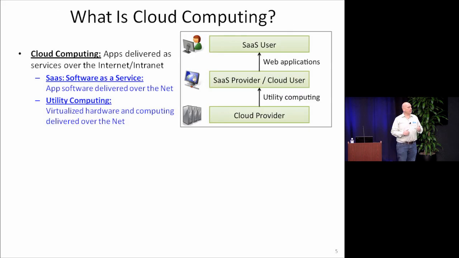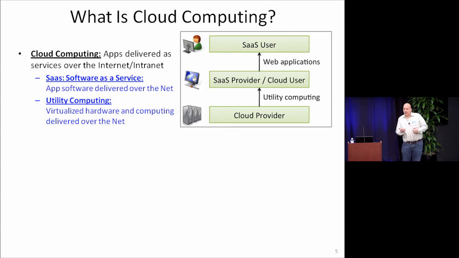Well, let's start by saying, what is cloud computing? Cloud computing is apps delivered as services over the internet or intranet. And it kind of comes in 2 broad categories. Software as a service, which is I'm doing some application and you're coming to me across the network. And utility computing, which is coming at it from the bottom. I'm looking at virtualized hardware and computing that I'm getting over the network, right?